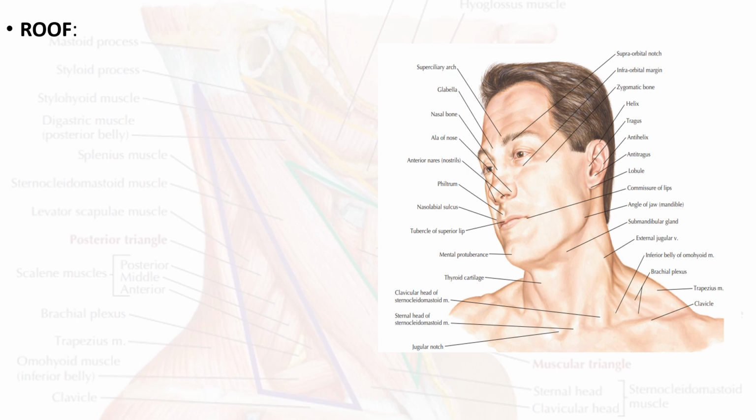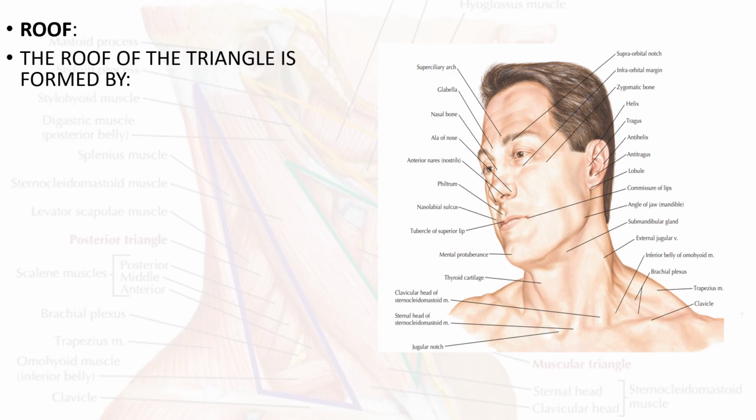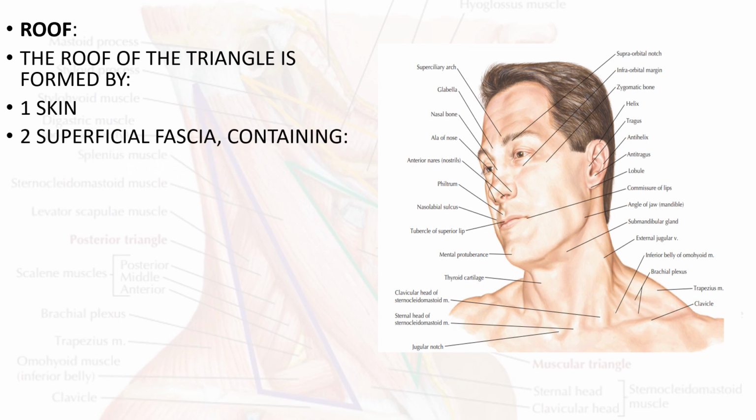Okay. The roof of the submandibular triangle. So बच्चों this will be the roof. रूफ पे अगर मैं यहाँ किसी भी triangle की बात करूँगा, first of all skin. So the roof of this triangle is formed by the skin. Then superficial fascia. Superficial fascia में जो muscle होता है, that is platysma. But you should remember platysma पूरी neck को collar की तरह wind नहीं करता, only anterior side तक होता है.